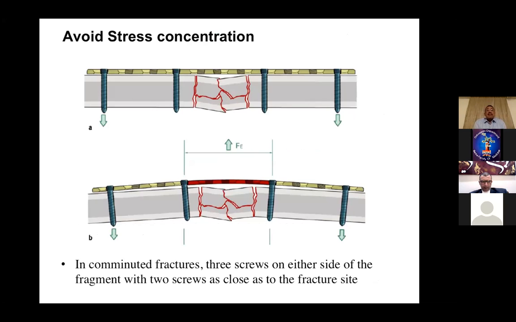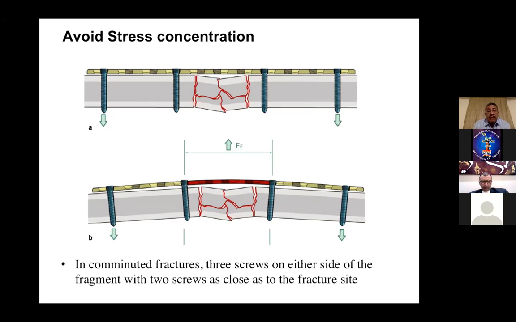Avoid stress concentration. In comminuted fractures, you leave, as we said, the whole fracture zone without screws. And you put your screws in the nearest intact cortical area, proximal and distal. This will lead to a flexible construct, not a so rigid construct.